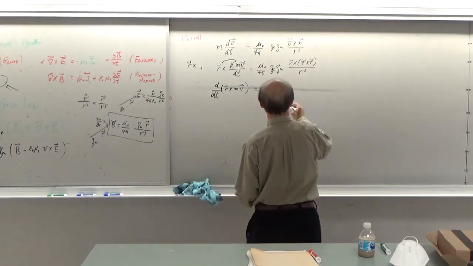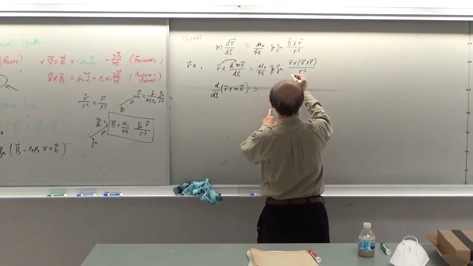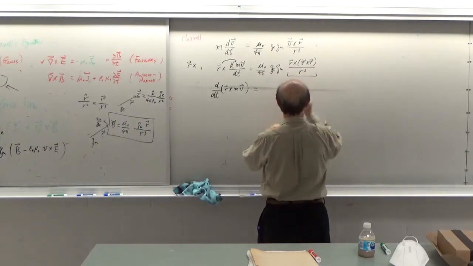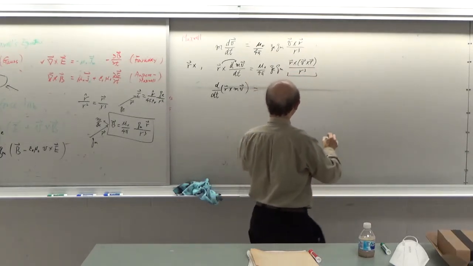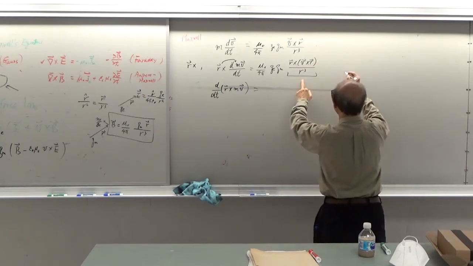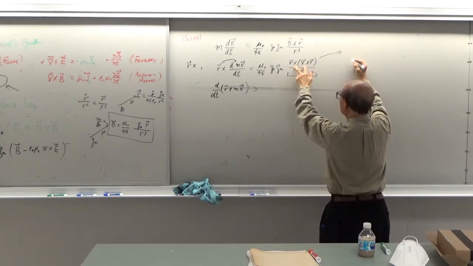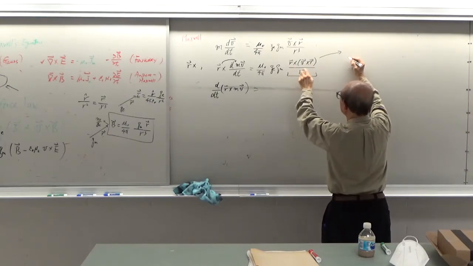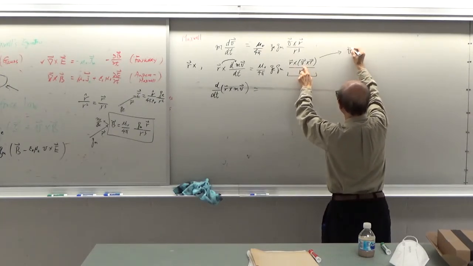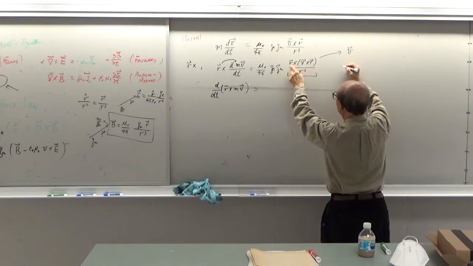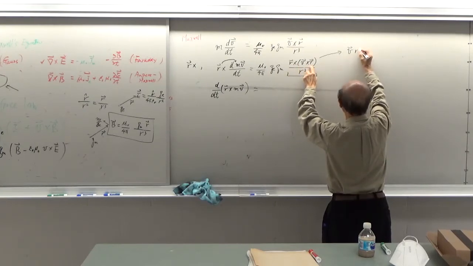And what is the right-hand side? Let me, in fact, write this down. This is a true cross product, so there will be two terms. One in the direction of v, multiplied by r dot r, so it's r squared.